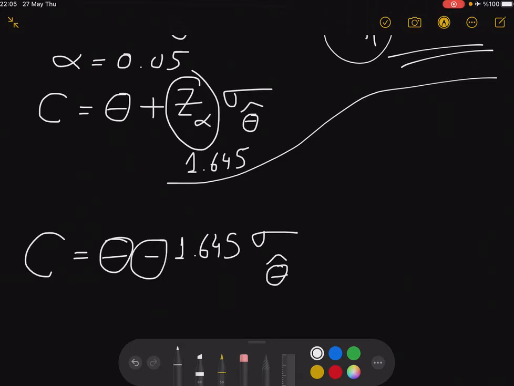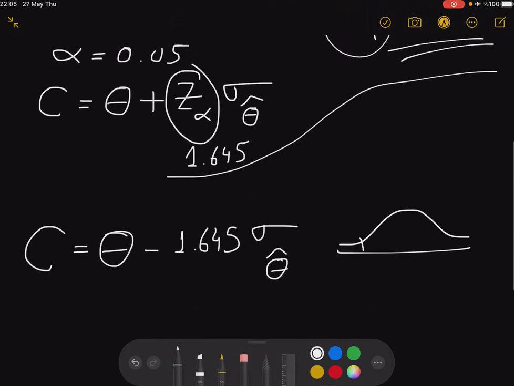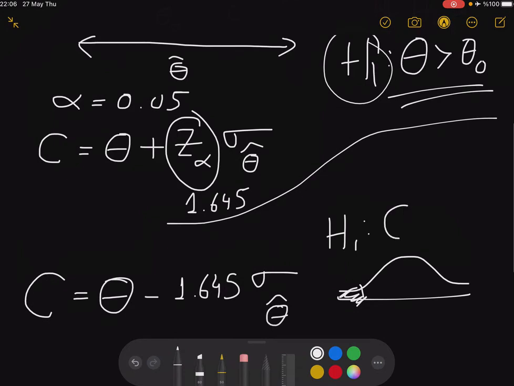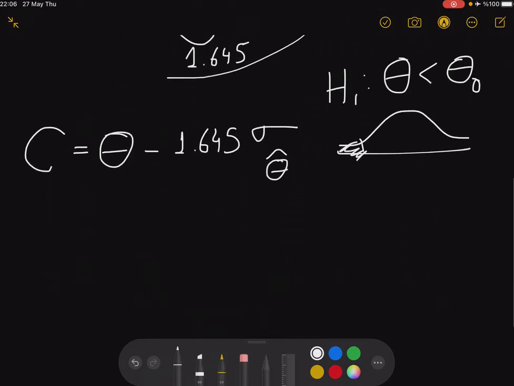Look at the minus here. So it means that we will be dealing with this part this time. Your alternative hypothesis will be that theta is less than theta 0. This is one type of test. Another type would be, again, interesting, whether theta is not equal to theta 0.